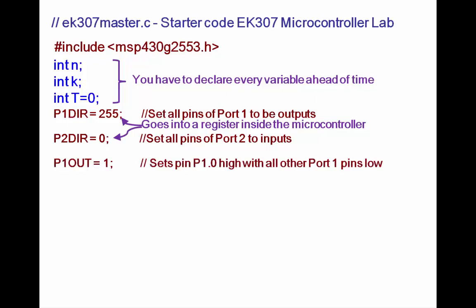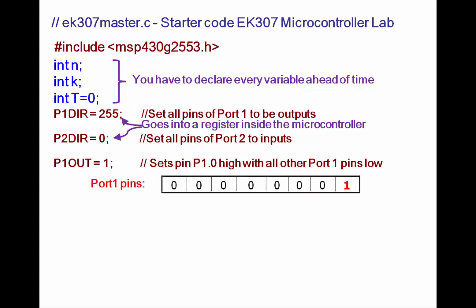This statement, P1OUT equals 1, recognizes that port 1 is set to be used for outputs, and it sets pin P1.0 high, while all other port pins low. If we were to represent the port pins as a word, you can see that every pin is set to 0 or the low state, except for pin 1, which in this case would register 3.3 volts.